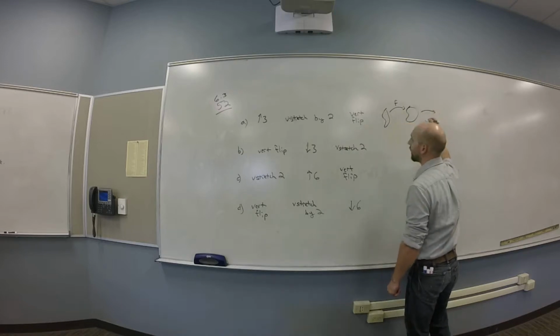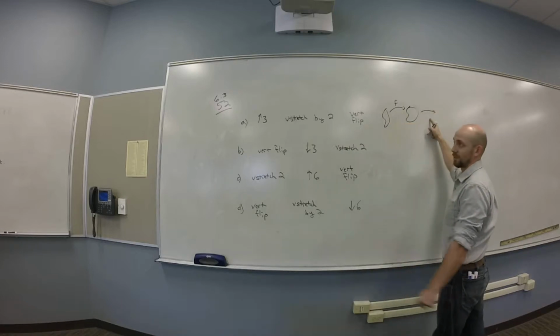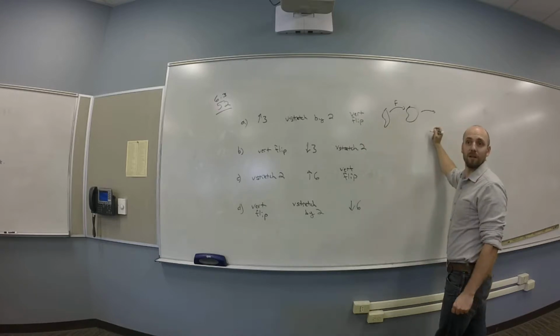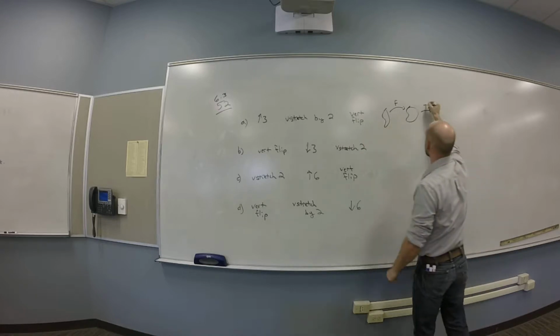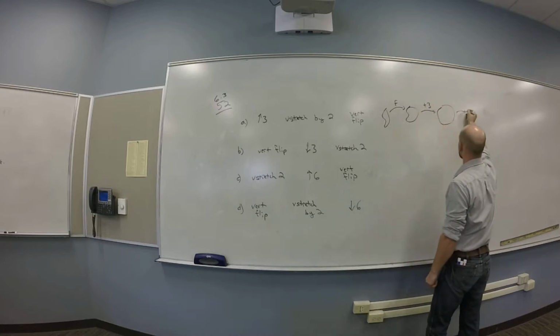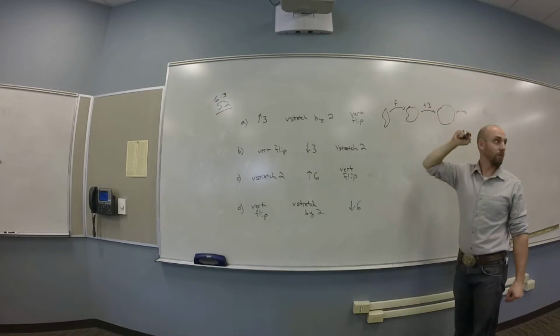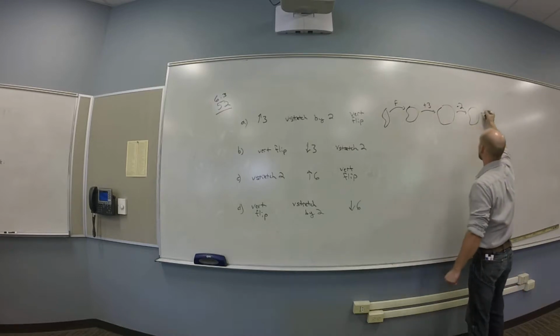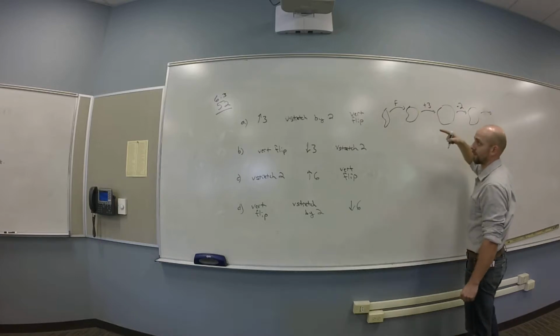So that first thing in part A is up by 3. How do you do up by 3? Add 3. Okay, next thing was vertical stretch by a factor of 2. Multiply by 2. Then your next thing was multiply by -1.